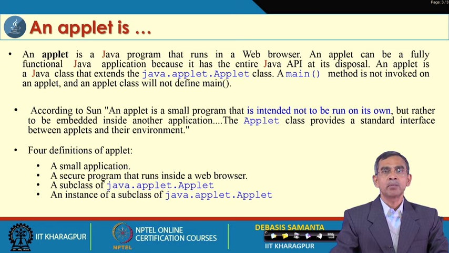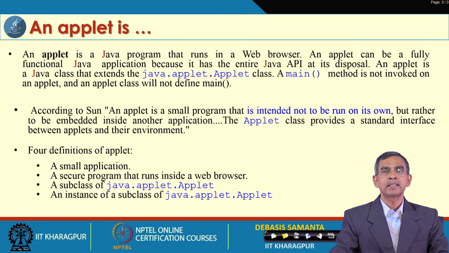However, AWT and core are not in that sense web programming. And as you know, whenever we have to design an applet, we usually follow the package applet, where the Applet class is defined. So, all applet programs are called subclasses of java.applet.Applet.